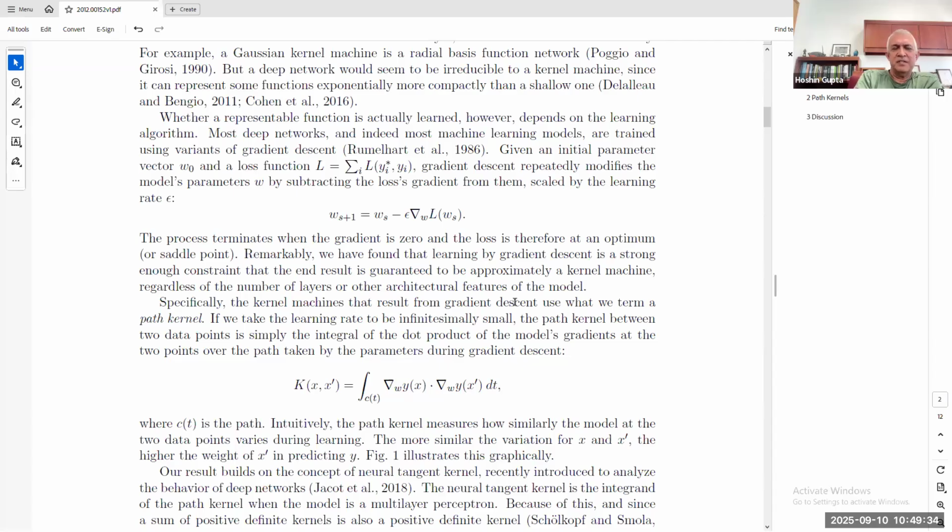Because if I remember right, he says something about the similarity in the gradient space. So you're basically saying that depending on which prediction you want to make, where it is in the target space, you choose a different set of samples and some weights, and those are combined together to make the prediction. Did I understand that correctly?